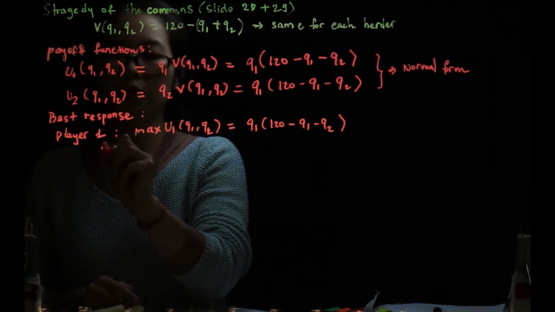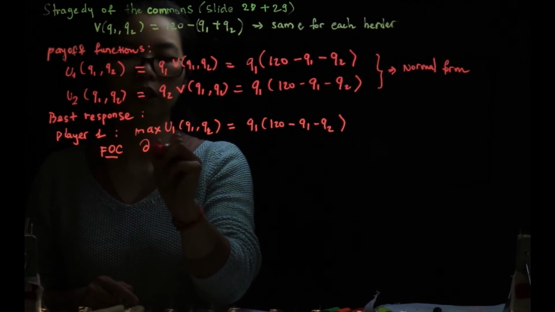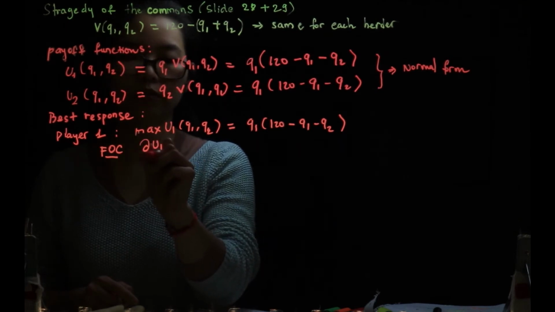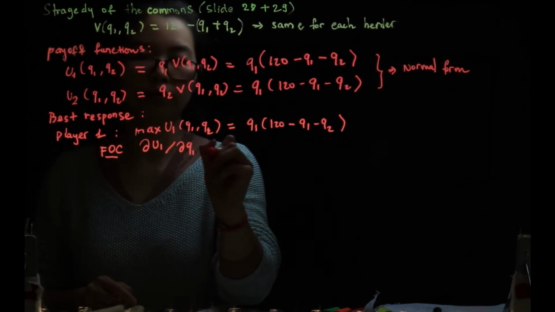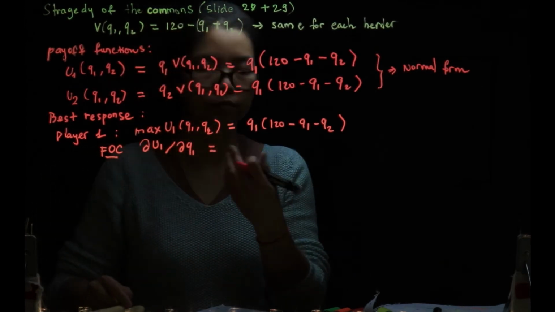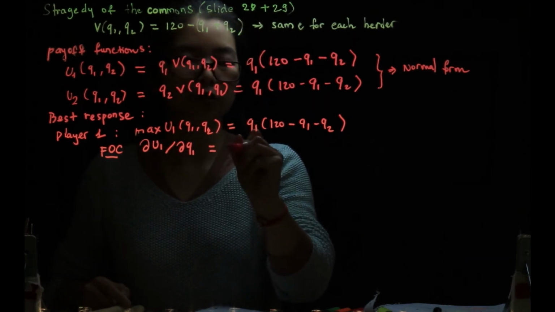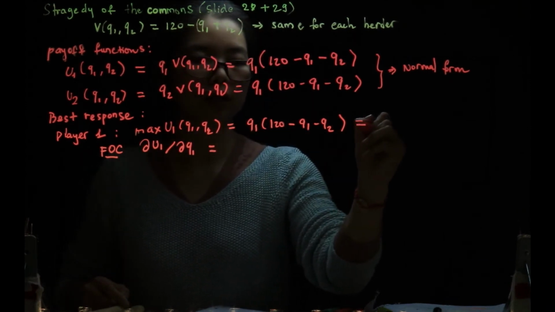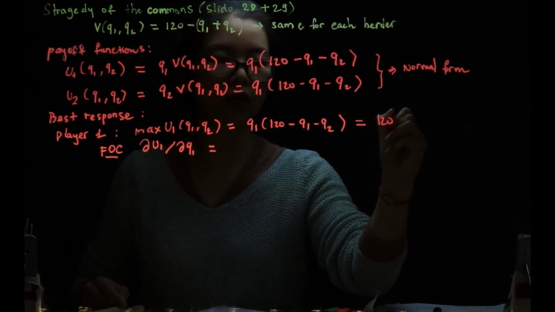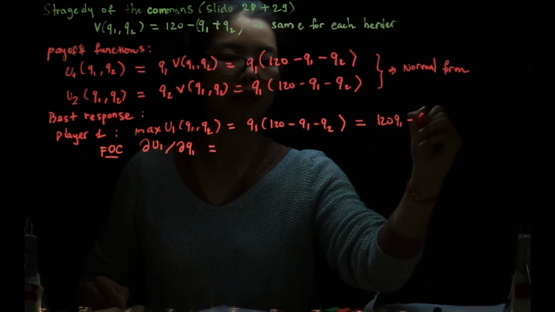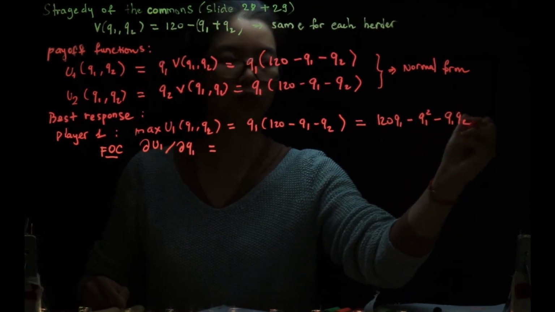And we could already have the first order condition, which is the derivative of U1 with respect to Q1, right? Because that's what you have to decide. Equals, here I write down, factor out everything so it's easier. So 120 Q1 minus Q1 squared minus Q1 Q2, right?